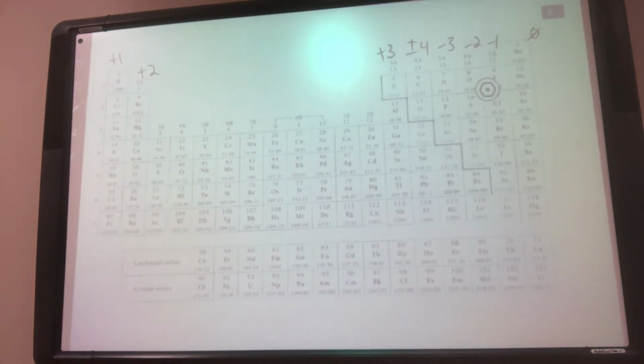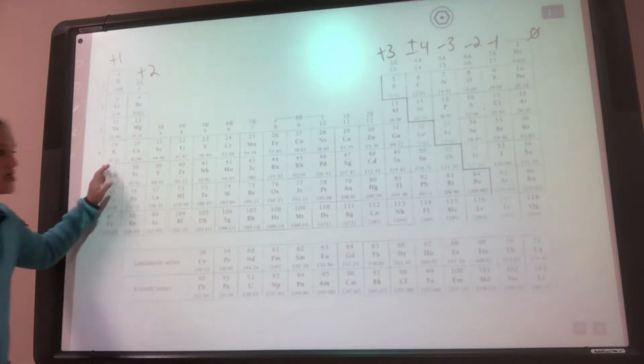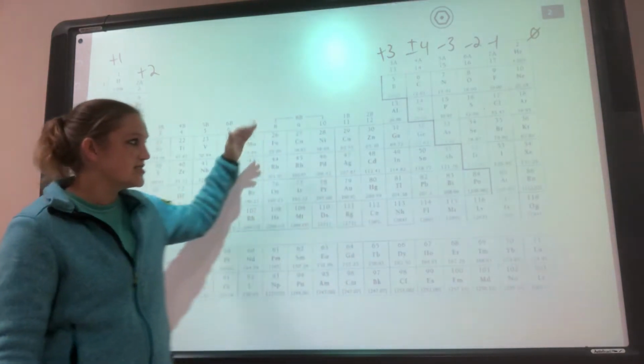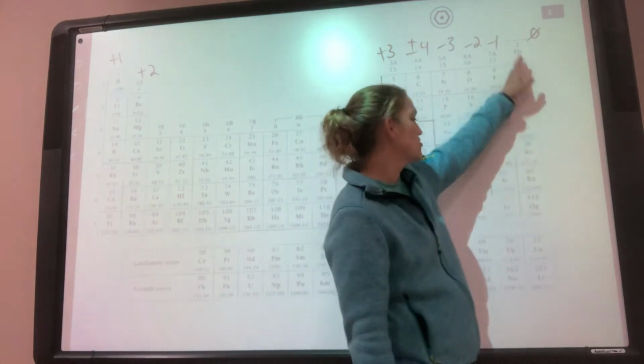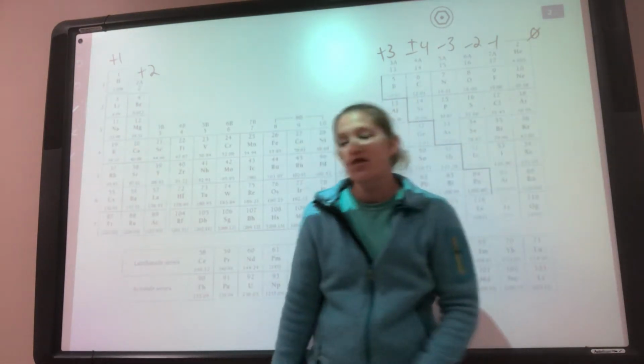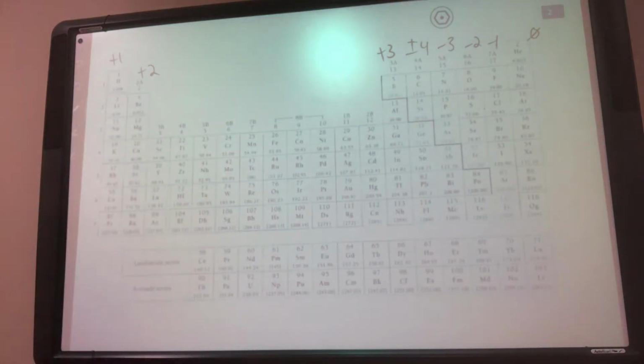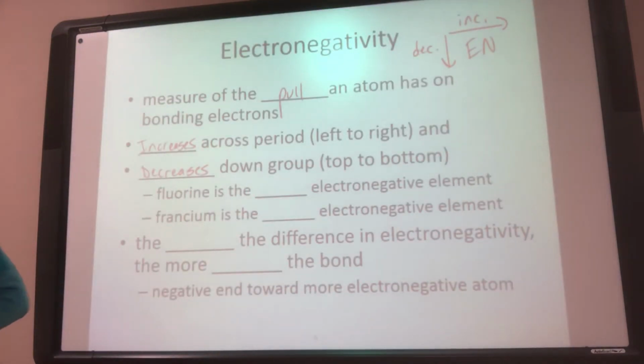If we look at the periodic table, I said it increases from left to right and decreases down. So that means that fluorine, because remember these guys are noble gases, would be the most electronegative and francium would be the least. So fluorine is going to be the most electronegative element and francium is going to be the least. So it can help you remember the trend.